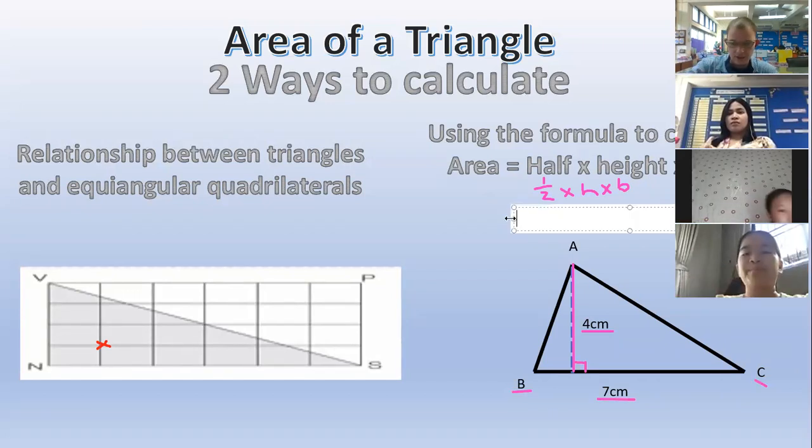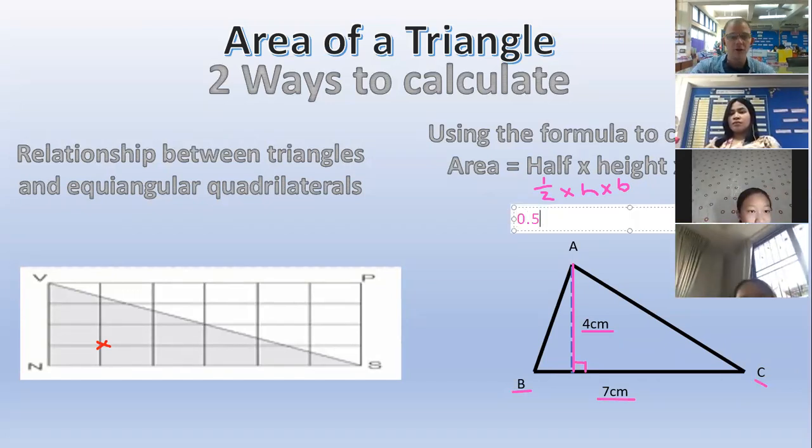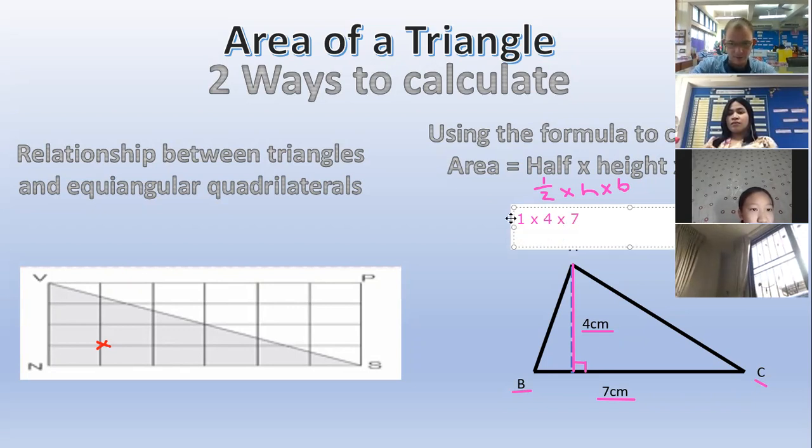I'm going to say 0.5 for the half, just so that I can easily show you. I'll do it like this. Times the height is 4 times the base is 7. And here we put a 2 and draw a line. So we have a half times 4 times 7.